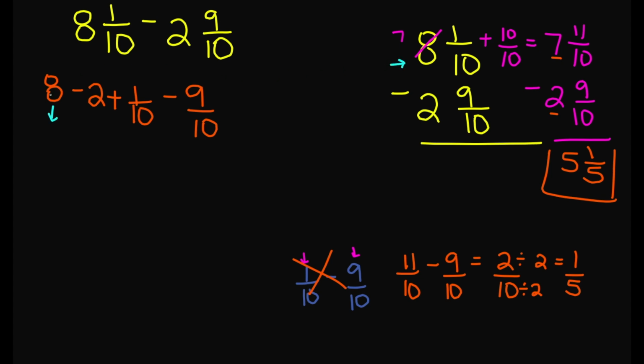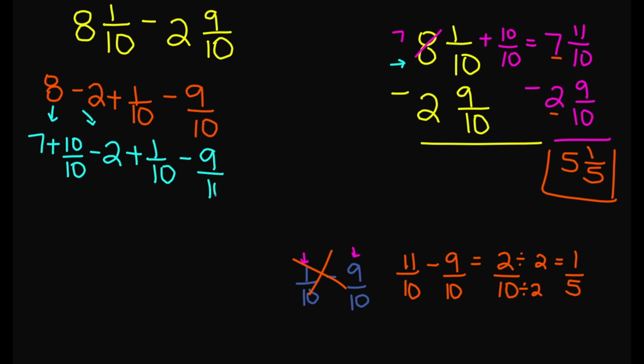So I'm going to rewrite this as 7 plus 10 over 10. The reason I am rewriting this whole number is because we cannot subtract 9/10 from 1/10. So what I'm going to do is borrow from my whole number and rewrite my fraction.